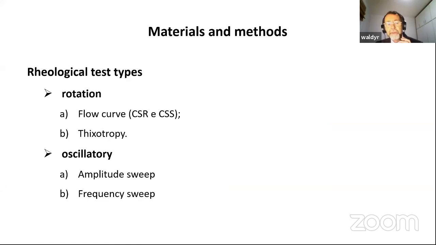So what are the tests that we performed with the rheometer? With the rotational tests, we got the main information, that is the flow curve. In order to get the flow curve, we place that material and start rotating the vane at a certain shear rate, and then we measure the shear stresses.